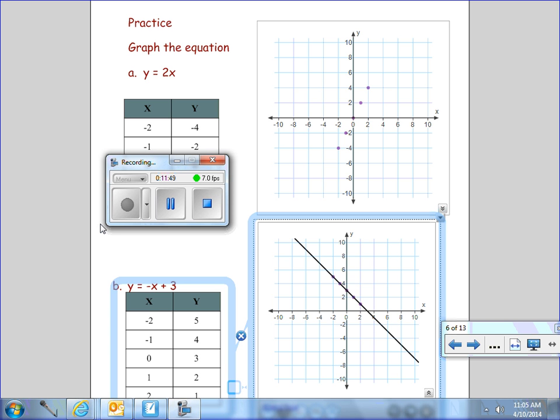So 2 plus 3 is 5. And then again, when you insert negative 1 where x is, that would be y is equal to the opposite of negative 1 plus 3. Then that would be 1 plus 3 is 4. And again, this is a linear function. So pay close attention to what the function is that they're giving you when you substitute the x.